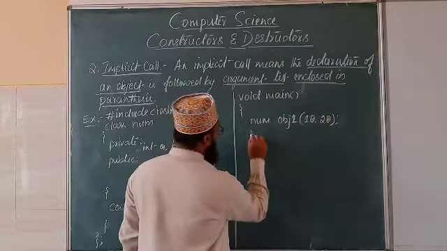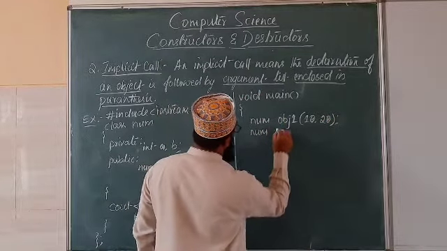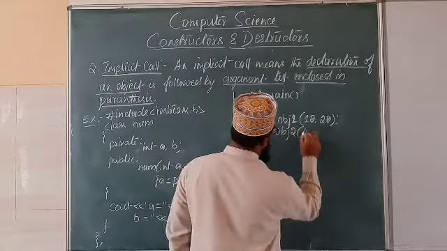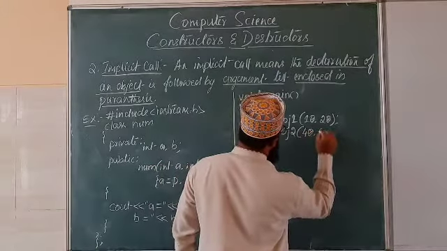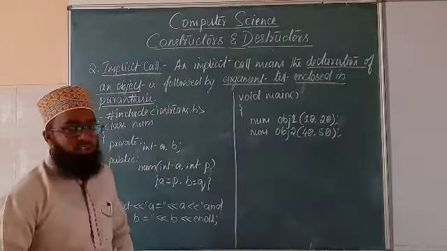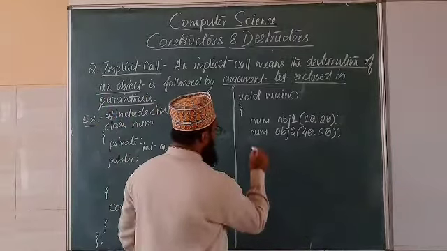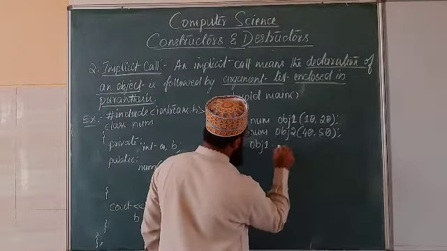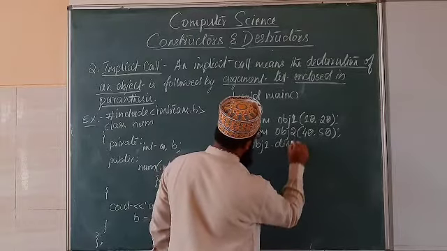Okay, and then this is for second constructor, object 2. What we have taken in last program, 40 and 50, right? Yes, 40 and 50. Then we need to give the output, object 1 dot display.